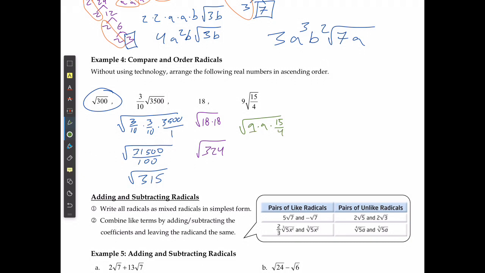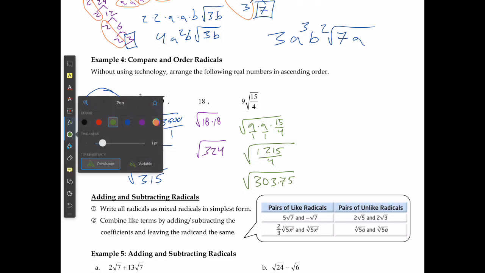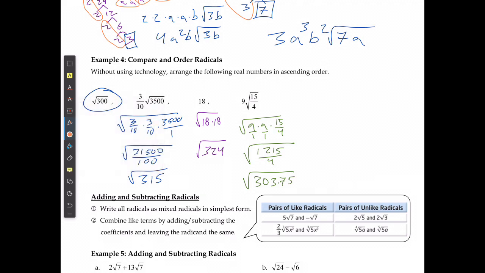If it makes it easier for you, say 9 over 1 times 9 over 1 times 15 over 4. Which is going to give me 1,215 over 4, which would be the same as the square root of 303.75.